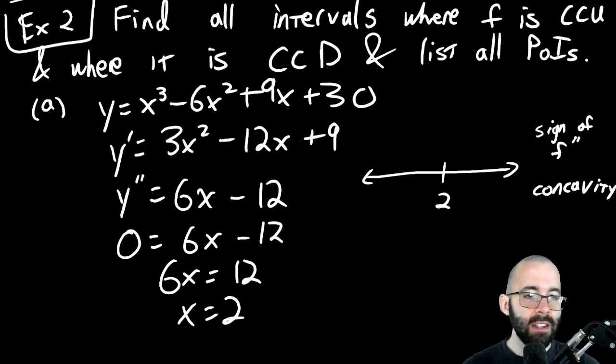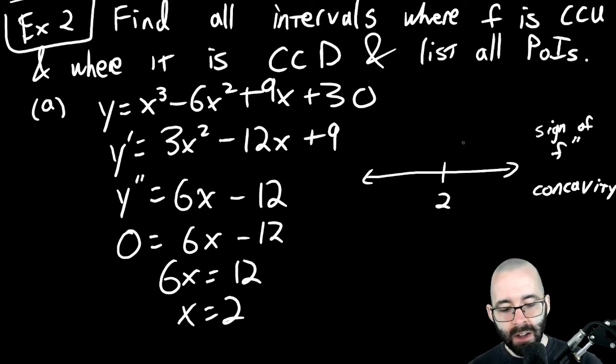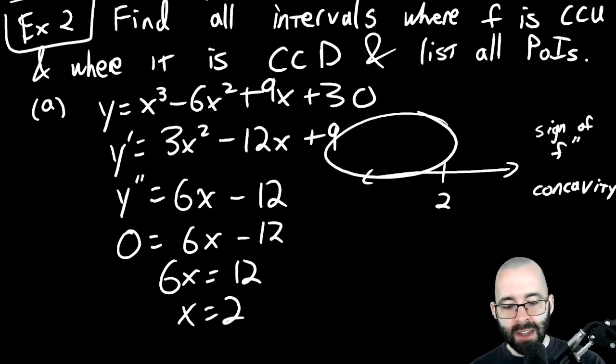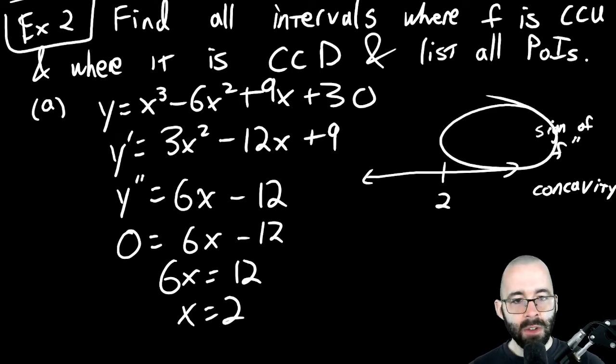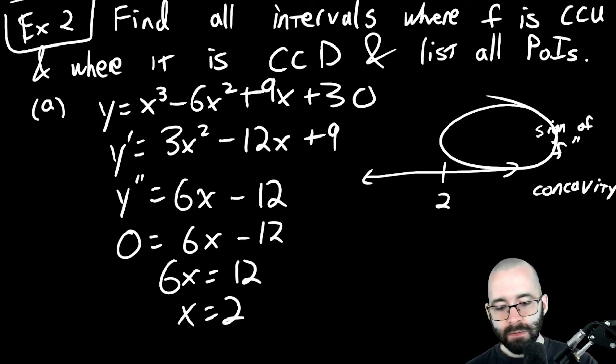For things that are continuous and really nice, we're going to approach these the same way. Make a very similar little chart. To the left of 2, since x equals 2 is the only x coordinate where the second derivative is 0, and that second derivative is continuous, everything in this interval should have the same concavity, and everything in the other interval should also have the same concavity.